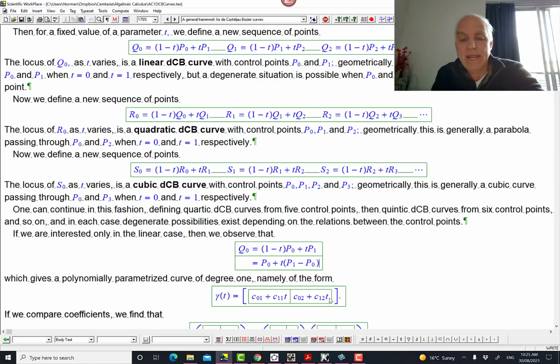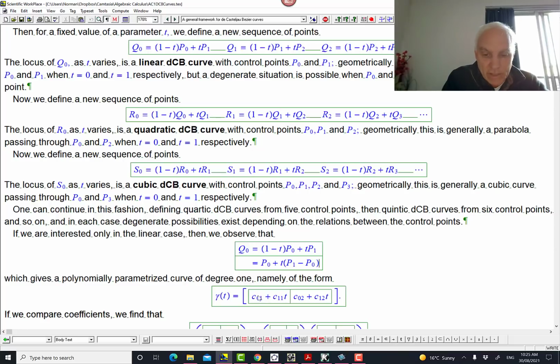And let's give some names to those coefficients. Let's say that this linear expression is C01 plus C11t. The second entry here is telling us which coordinate we're in. So here we're in coordinate 1, and here's coordinate 2. And the 0 is like degree 0 stuff, and the 1 is referring to the degree 1 stuff.